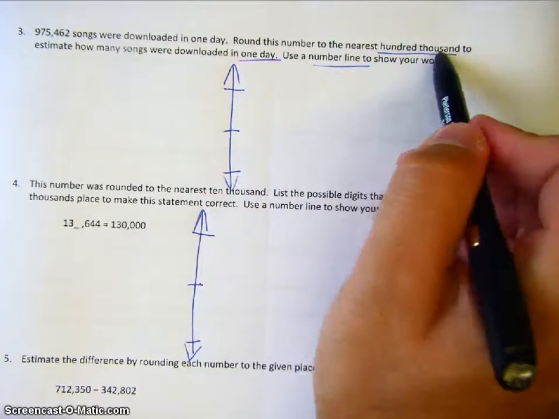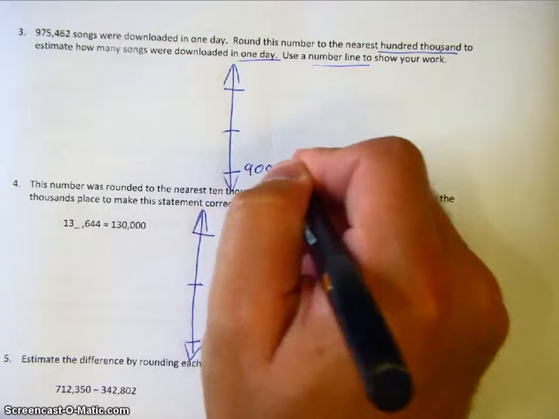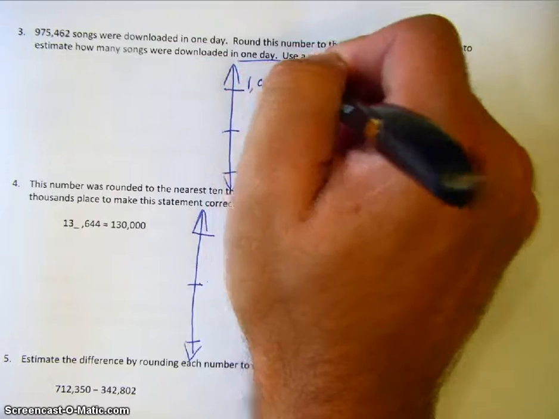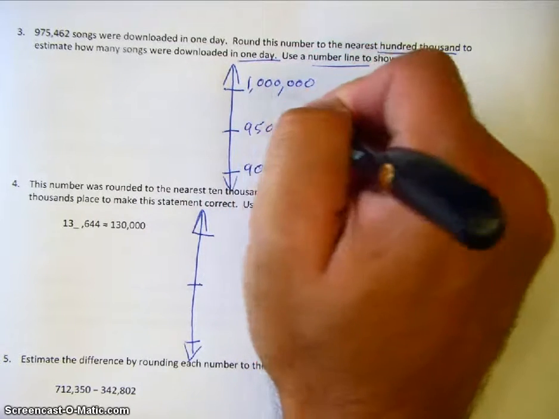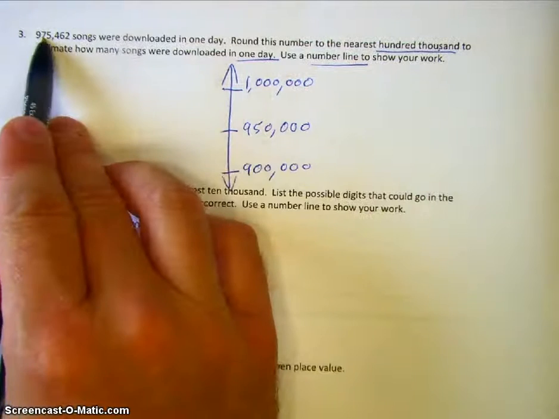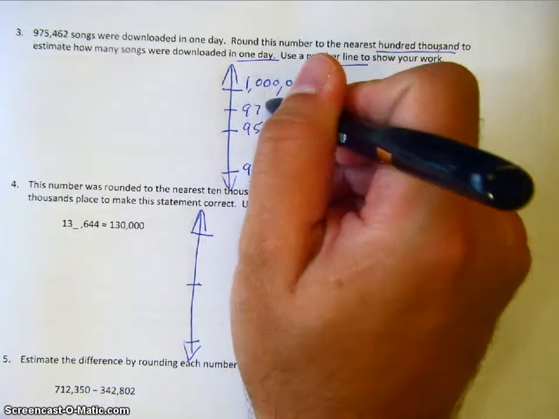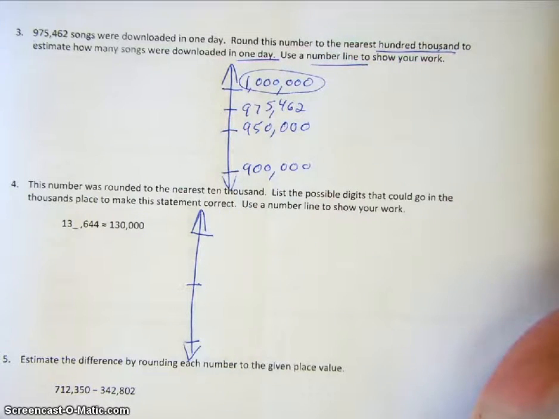Okay, so we're going to the 100,000s. So again, we have 900,000s. One more is 1,000,000, or 1 million. So our halfway point would be 950,000. Okay, so we have 7 in the 10,000s place, which tells us that we're past our midpoint. So we would round up to 1 million.